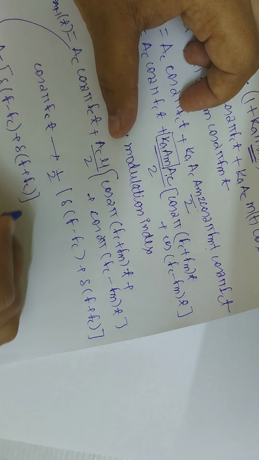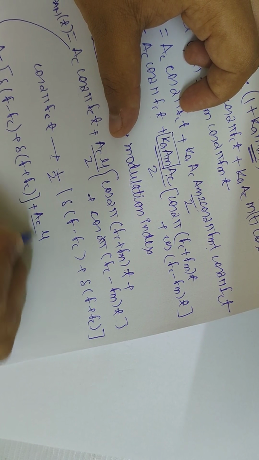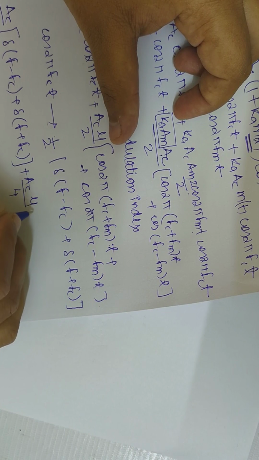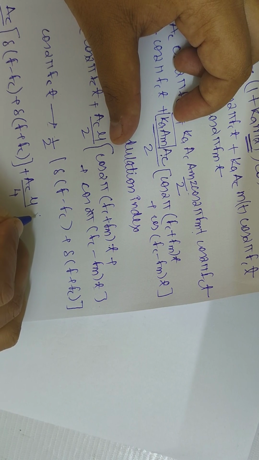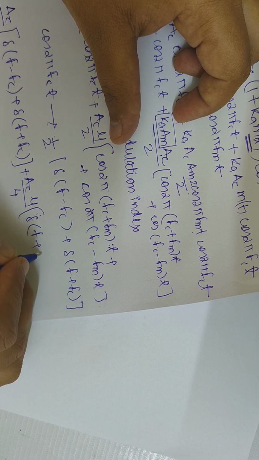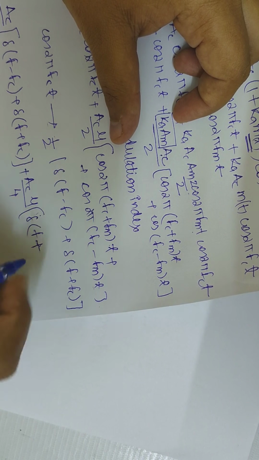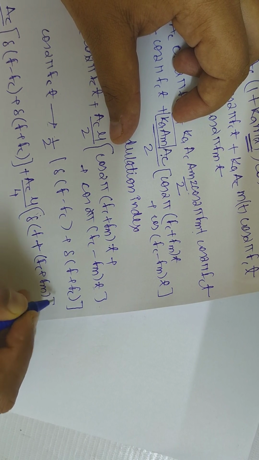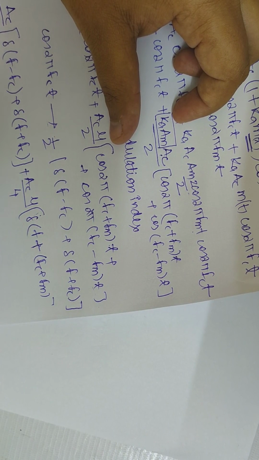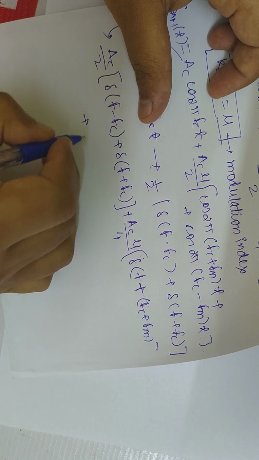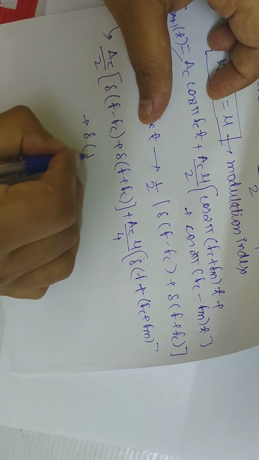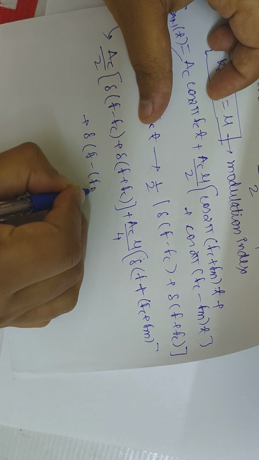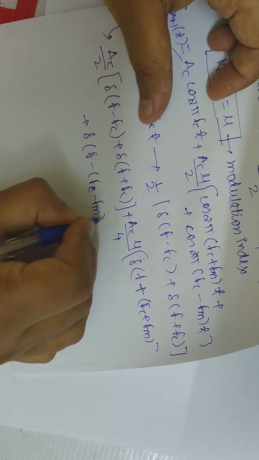The Fourier transform of this signal will be Ac mu by 4 times del(f plus fc plus fm) plus del(f minus fc plus fm).